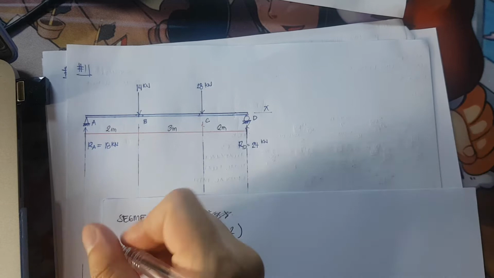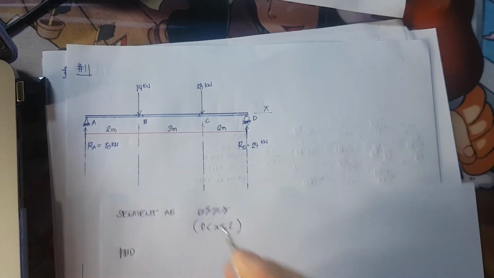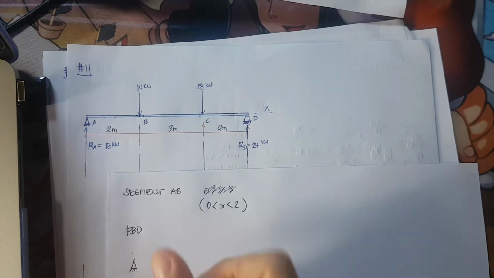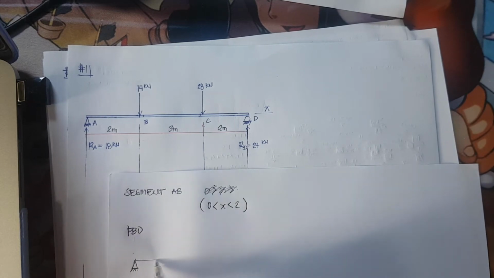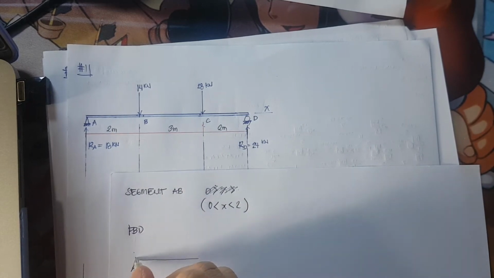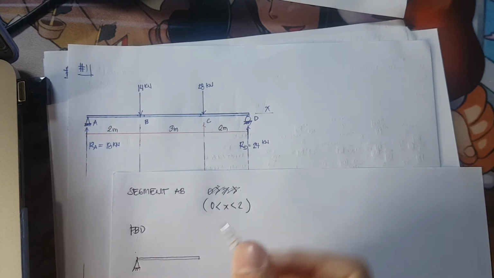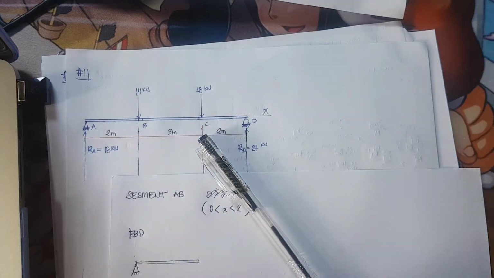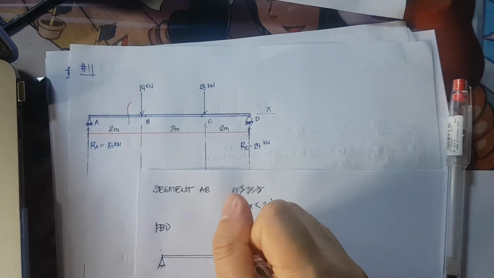So we're drawing the free body diagram. If I am to cut that section from point A to a point before point B, this is what it will look like. So this is my cut.